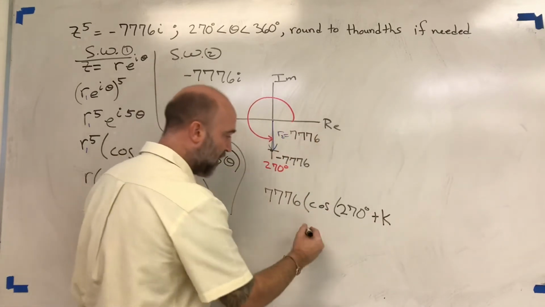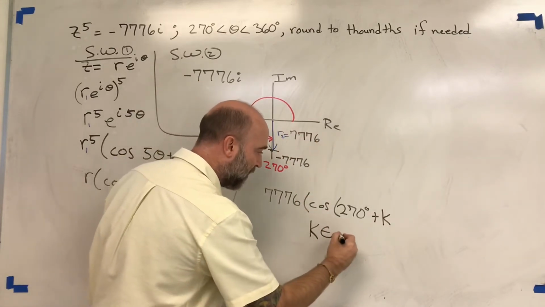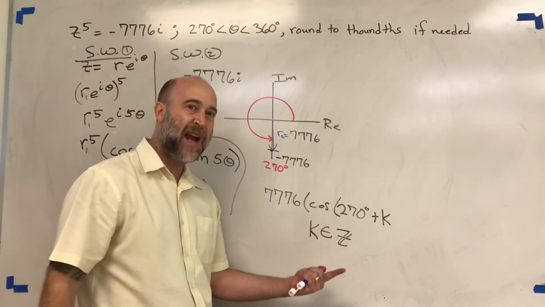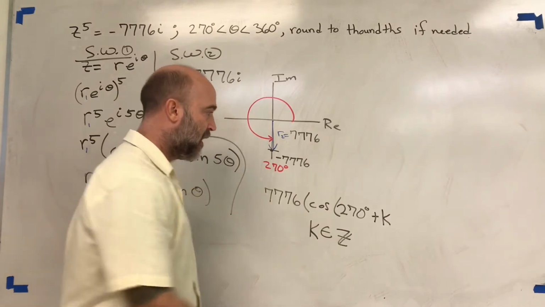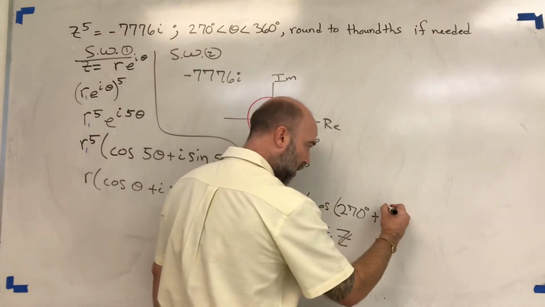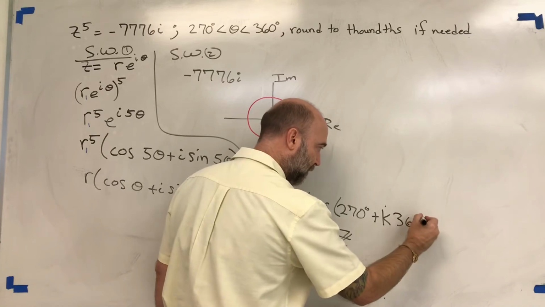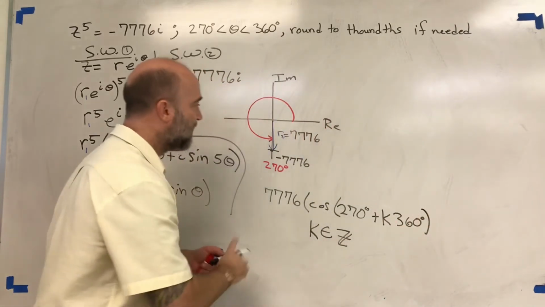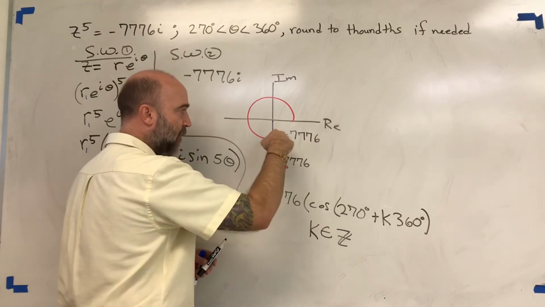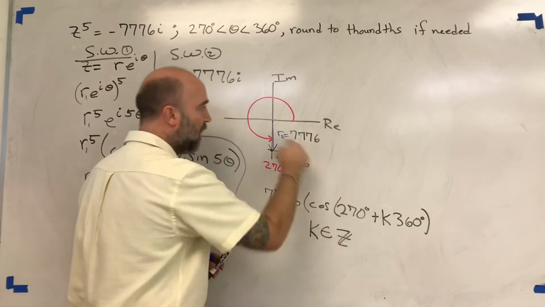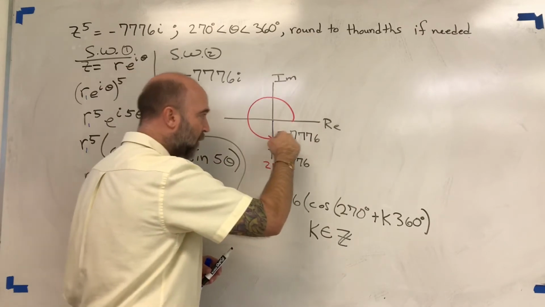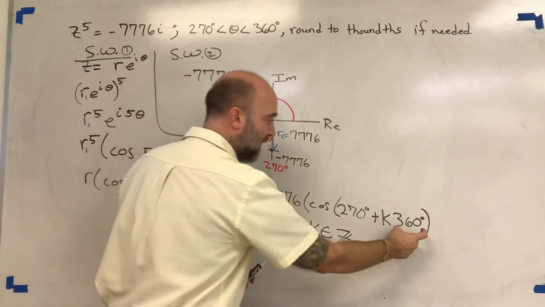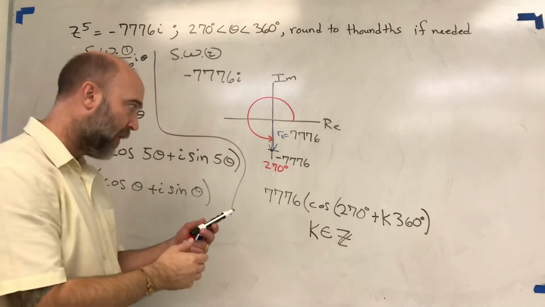It's an integer, so k is an element of the integers, meaning plus or minus regular numbers. So it could be any integer times 360 degrees. What that means is we land on 270, and then if we have 2 right there, it would go around again. 3 right there would go around again. So it can keep going around and around as many times as we want, or that needs to happen.